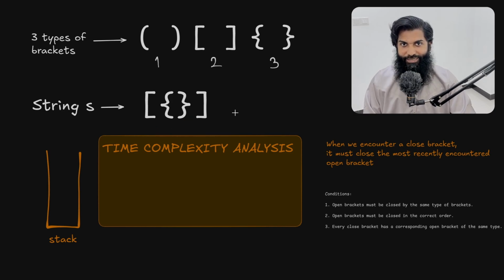The worst case happens when the string S is valid. Because remember, we said we terminate the loop prematurely if any of the open brackets are not closed in the correct order. Therefore, it's only in the valid case where we'd iterate over each and every bracket. The time complexity of iterating over each bracket is big O of n, linear time.